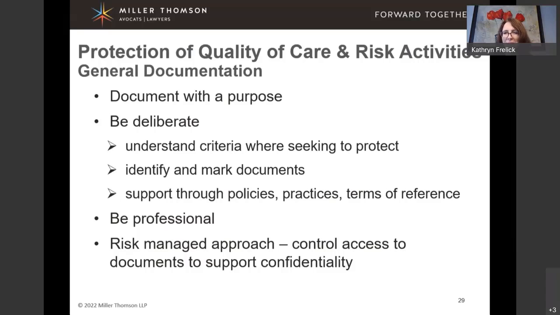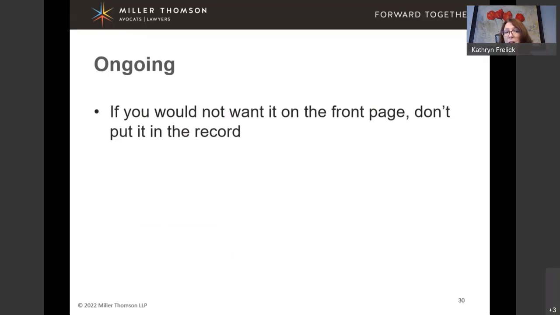So again, control access to documents to support confidentiality. And with this final thought, I'm going to wrap up and then open the floor to any questions. If you would not want something on the front page, don't put it in a record. That's the advice we give when documenting in patient records, but it's equally applicable in any other type of documentation as well.